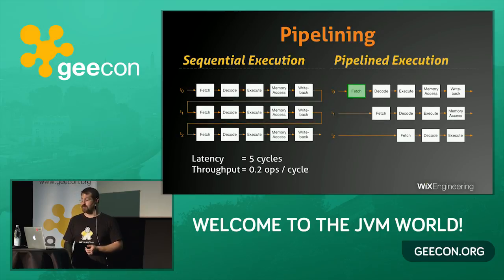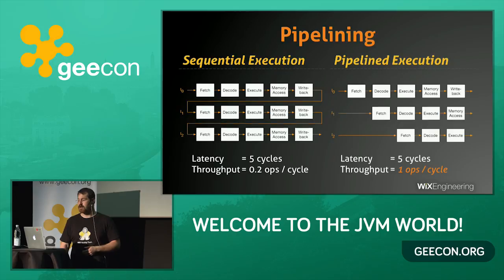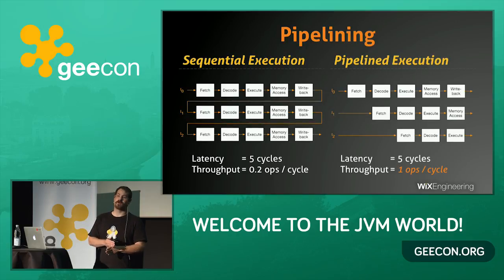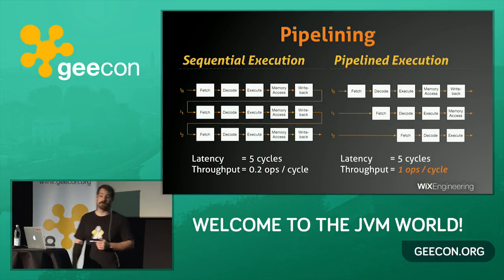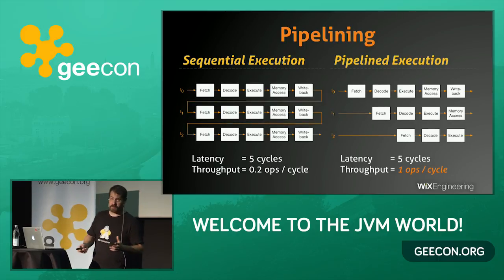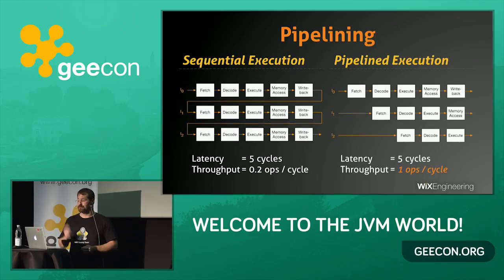So you might just do each one of these steps in parallel, and then ideally, if nothing else is stopping you, you still have the same latency because you still have to go through these 5 steps, but you can retire an instruction on every CPU cycle as long as you can keep feeding the pipeline and keeping all of the various units in your CPU busy. So that is really the bare bone optimization. I think the first x86 CPU to actually do this was the Intel Pentium, but I might be wrong on that. It might have even been earlier.